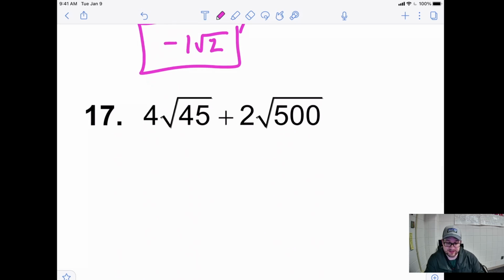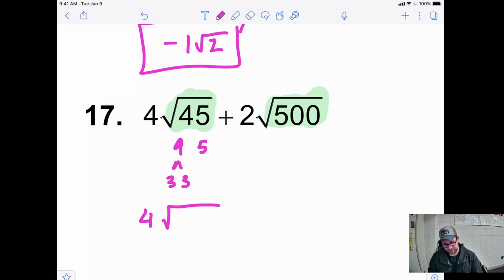Looking over here at problem number 17, our second to last one. Looks like in this situation, both of our radicals can be broken down and simplified. So let's do that right off the bat. 45 is 9 and 5. 9 is 3 and 3. So I can rewrite 4 square roots of 45 as 4 times 3 times 3 times 5.